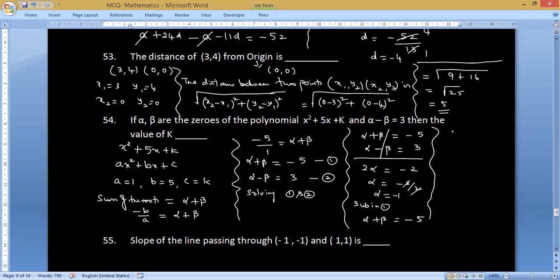So alpha is -1, plus beta is equal to -5. If -1 moves out, beta is equal to -5 plus 1, beta is equal to -4. So alpha is equal to -1 and beta is equal to -4.